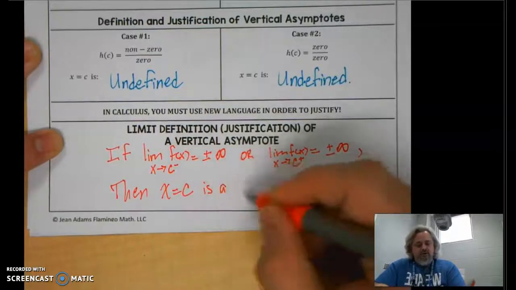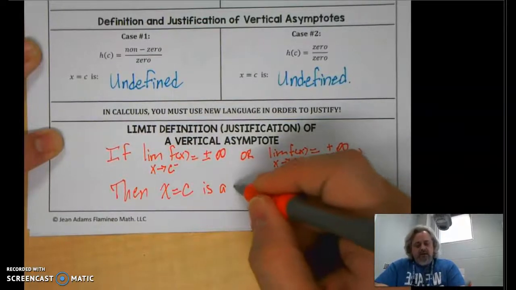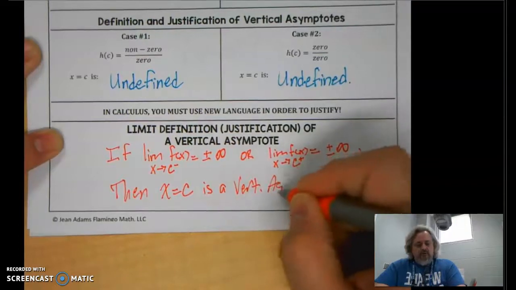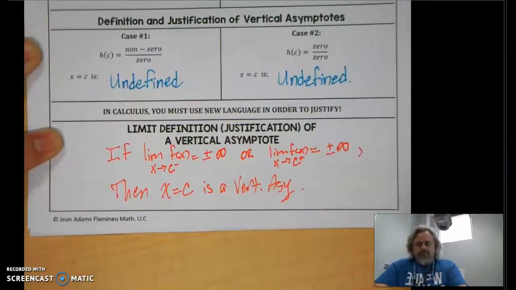That's the equation of the vertical asymptote.